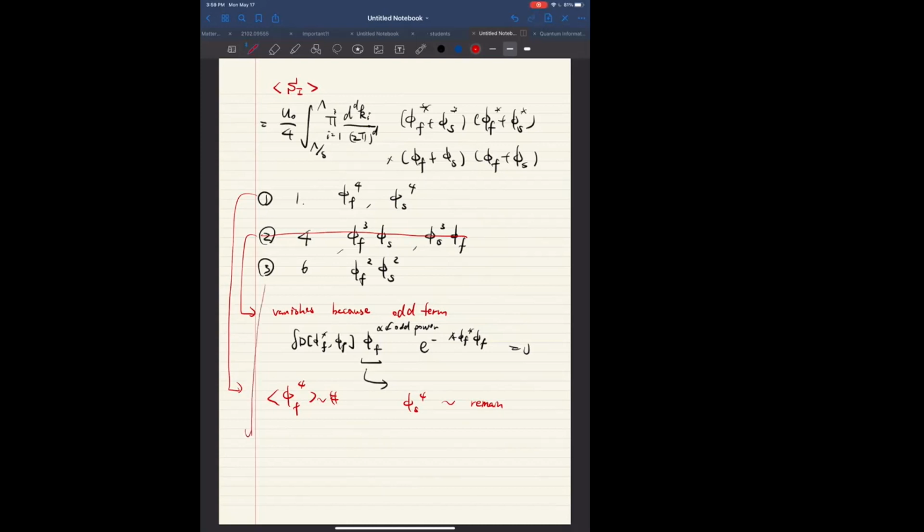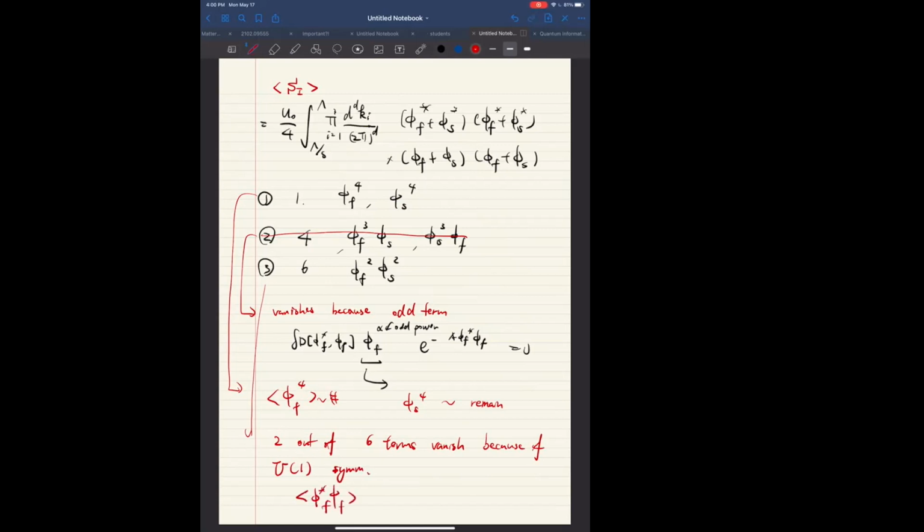And we have 6 terms of this one, of which 2 out of 6 terms vanish because of the U(1) symmetry, which I indicate in here.